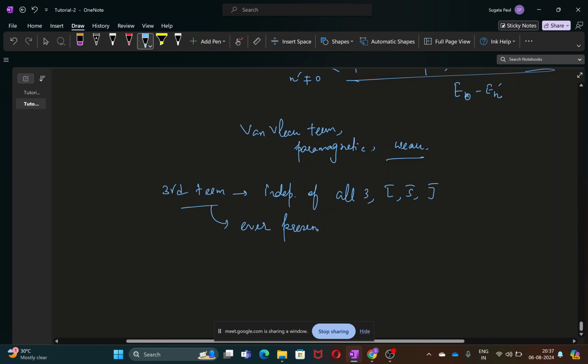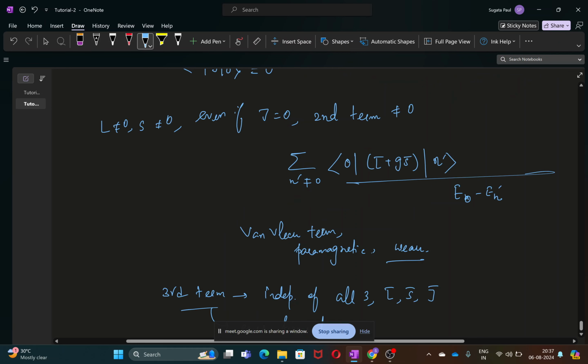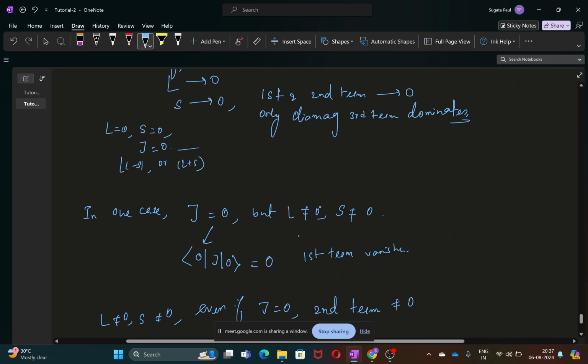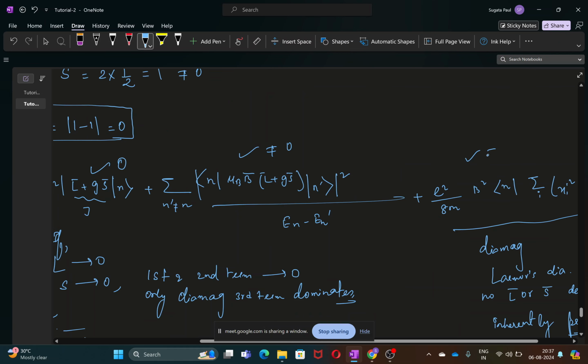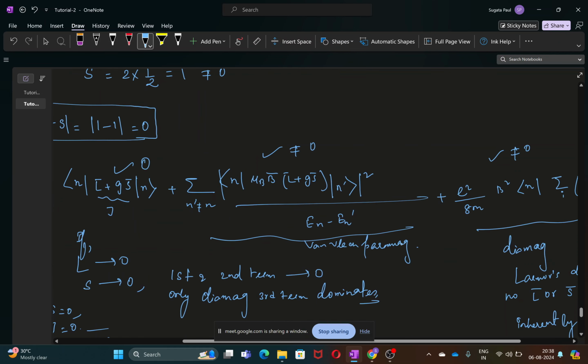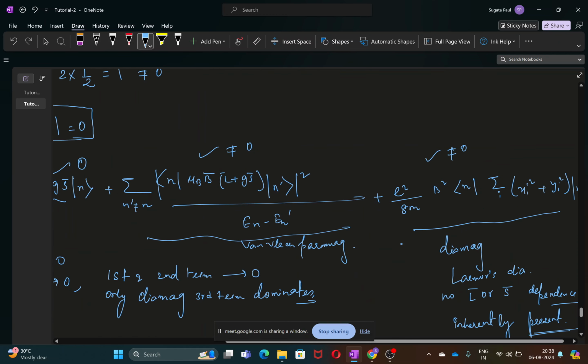So that means in our case when J equal to 0 but L and S are non-zero, the first term is vanishing, this is going to 0, the second term is non-zero and the third term is non-zero. So the second term is our Van Vleck paramagnetic term, and the third term is our Larmor's diamagnetic term. Okay, so basically your total magnetic contribution is coming from the competition between these two terms.